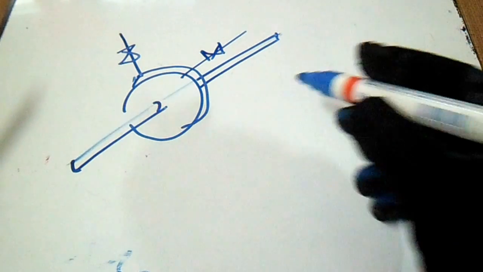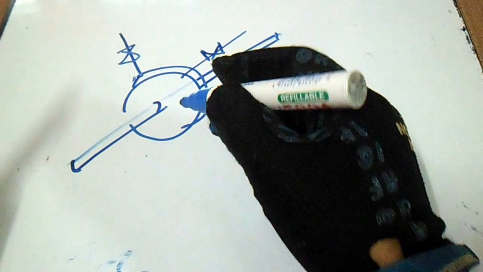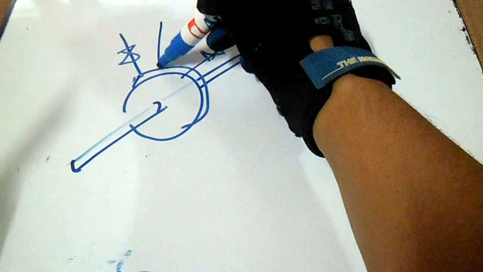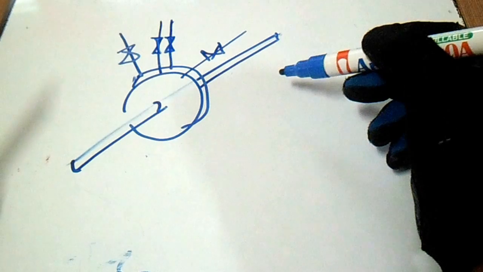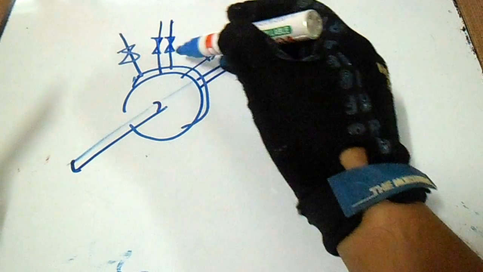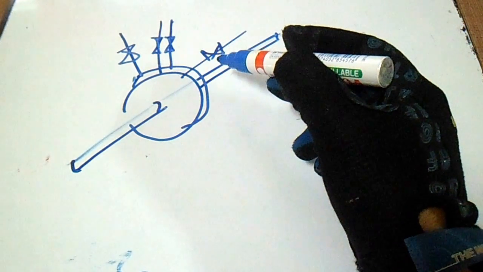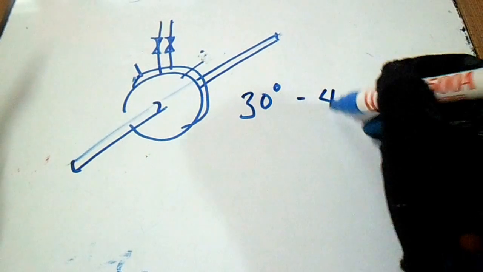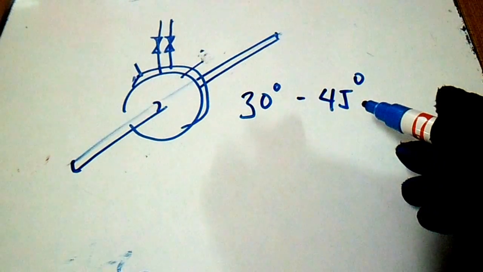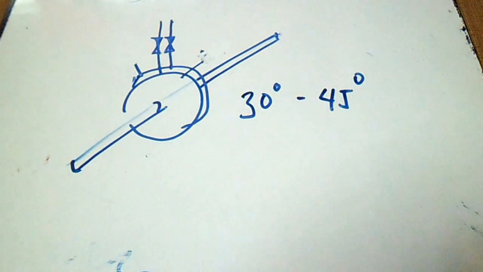Okay, this is for the gas. And for the alternative, the alternative position is vertical. This is the alternative position, and the standard is 30 to 45 degrees. Okay, so this is important, 30 degrees and 45 degrees, for the tapping for the orifice flange.